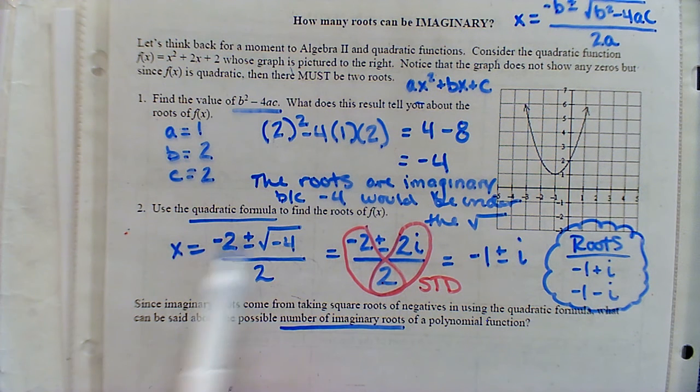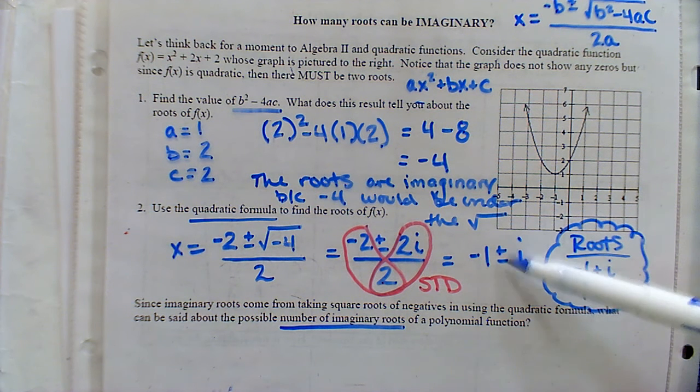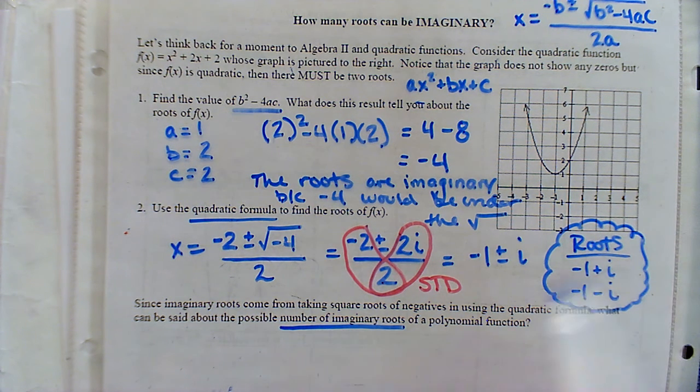If you were to go through this quadratic formula every single time, yeah. You never have just one because the plus or minus is already set in the equation, so you're always going to have the plus or minus if it's imaginary. Exactly. So you're always going to have two in this case. But if it's a quartic equation, you could have four.